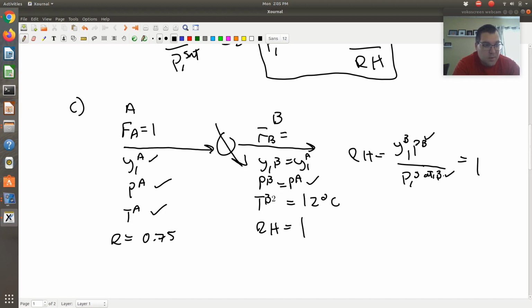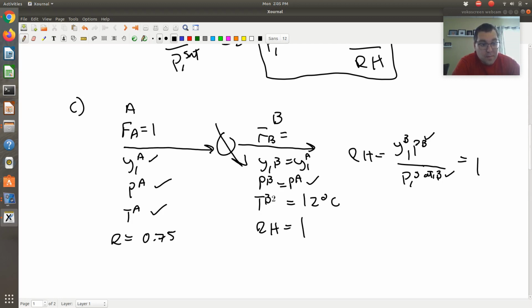P sat B, we can look up the vapor pressure at 25 degrees C, or 12 degrees C. If you were to plug in 25 degrees C here and solve for y, you would just get that initial y we started with, because that's how we solved for the temperature to begin with.